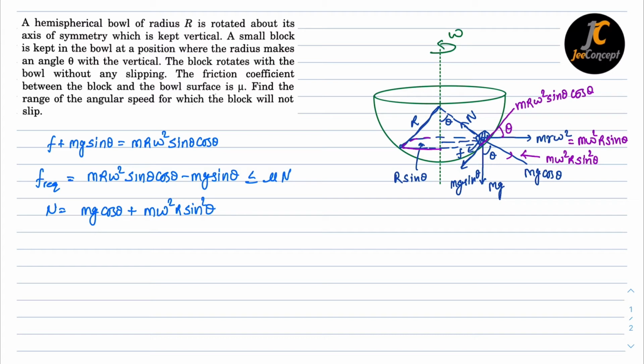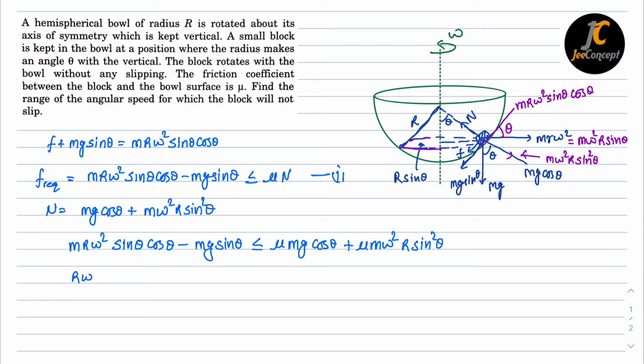Now substituting the value of N in equation 1, we'll get m r omega square sine theta cos theta minus mg sine theta less than or equal to mu times mg cos theta plus mu times m omega square r sine square theta. Throughout, m will cancel out. Now I need to calculate the value of omega.